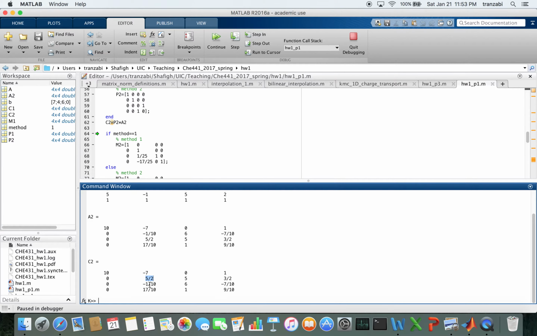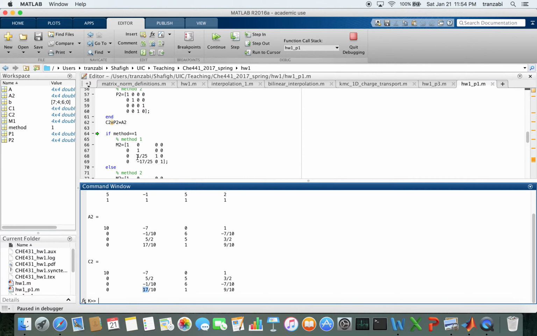Now we have to make zeros below the diagonal, and that is by multiplying the second row by 1 over 10 and then minus 17 over 10, okay? No, excuse me, you have to multiply the second row by 1 over 25 and 17 over 25.